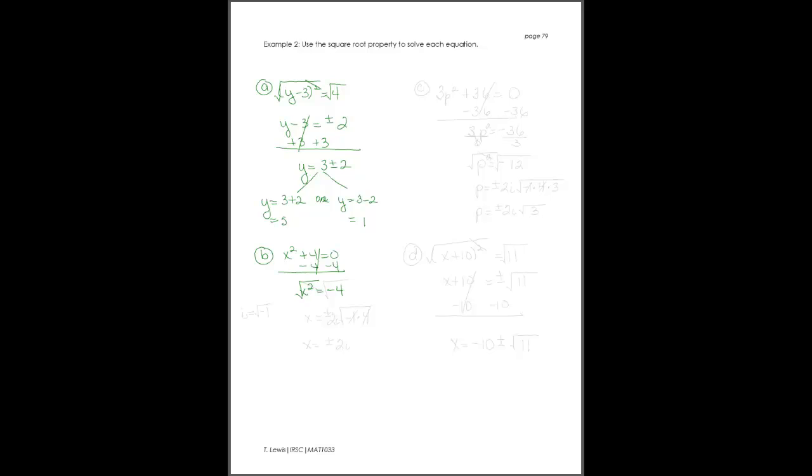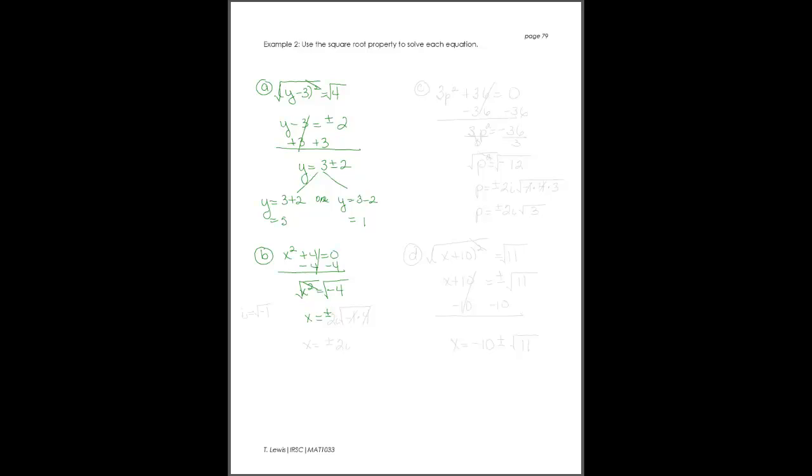To solve for x, using the square root property, we're going to take the square root. We have x is equal to plus or minus. Now let's talk about the square root of negative 4. Now that we've covered complex numbers, we are able to take the square root of a negative number.